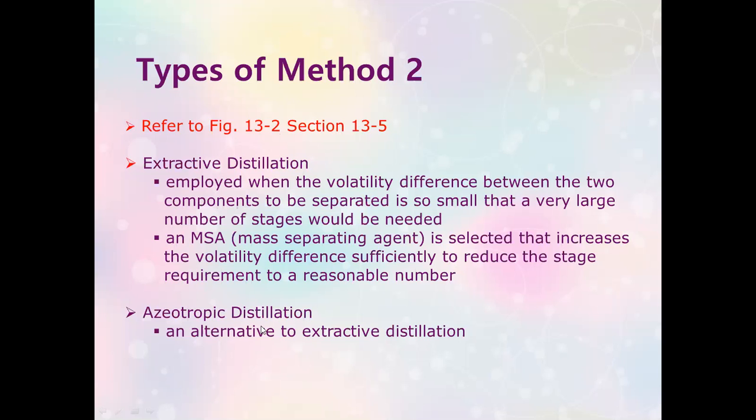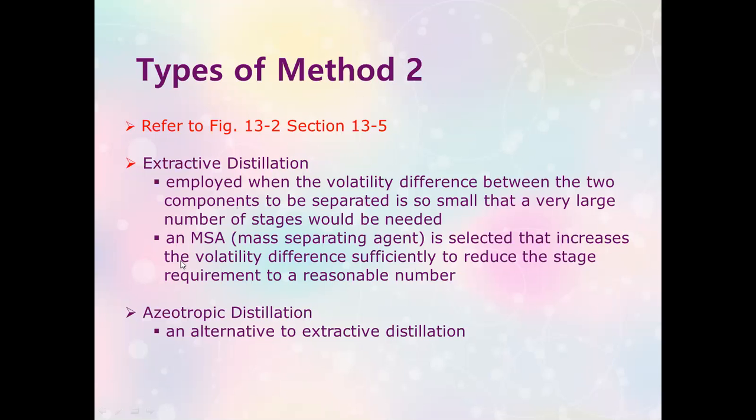or azeotropic distillation. So in the case of extractive distillation, this is employed when the volatility difference between the components present in your mixture is so small that a very large number of stages would be needed, meaning the difference in the boiling point temperatures of the components is not that big. So in terms of separating them, that would be difficult, resulting in a column that will be very tall.